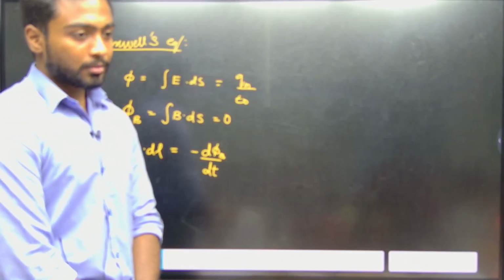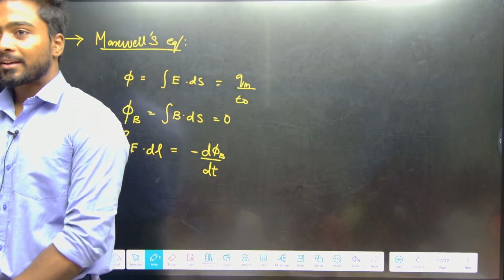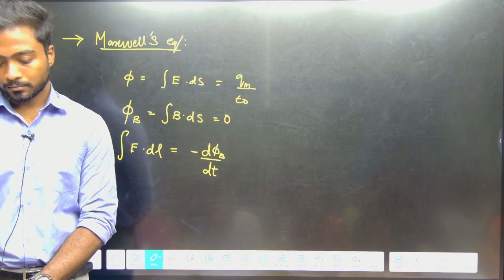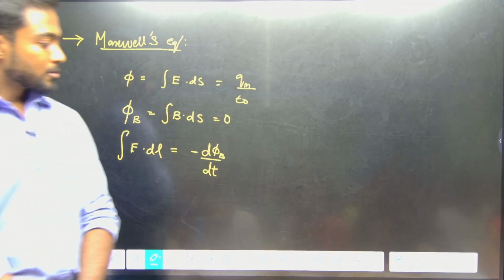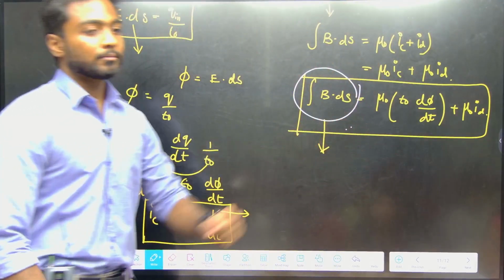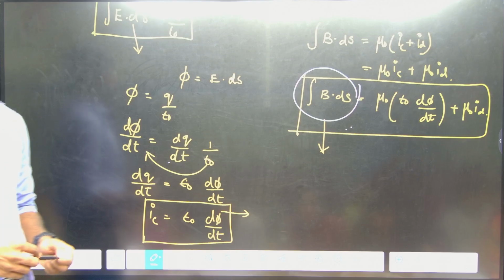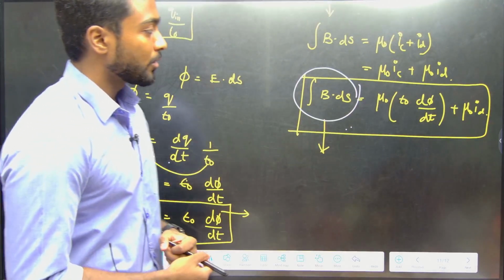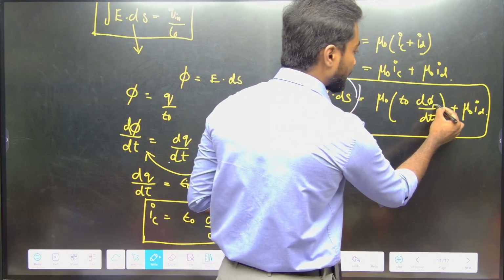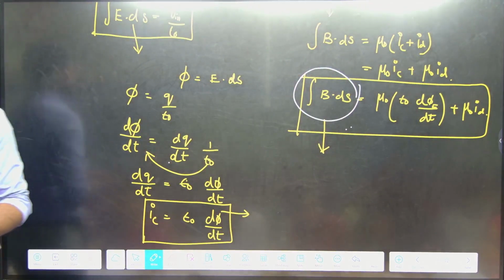And the fourth one is Ampere-Maxwell law. Integral B dot ds equals mu naught times epsilon naught d phi by dt plus mu naught ID. So don't get confused here. This is due to the electric flux.